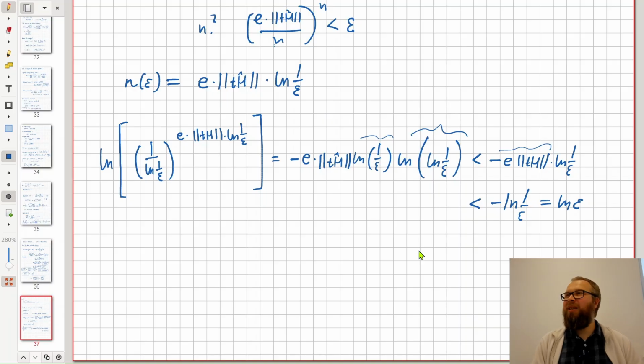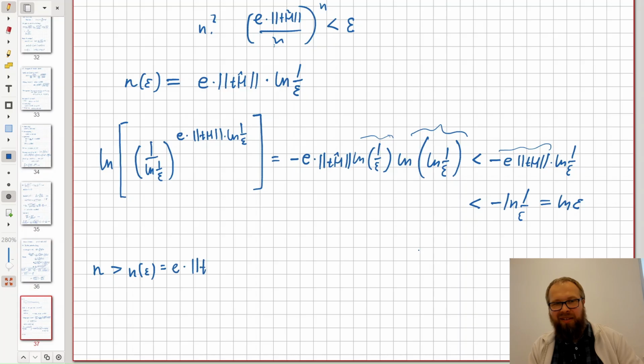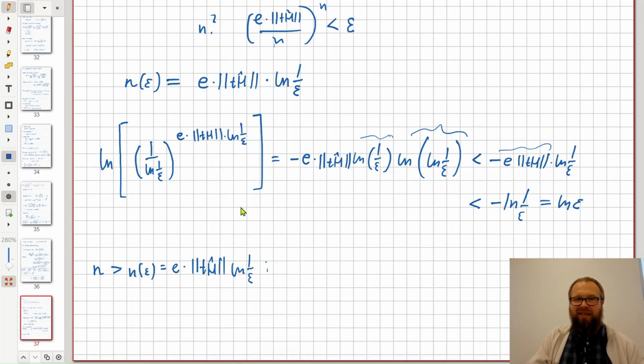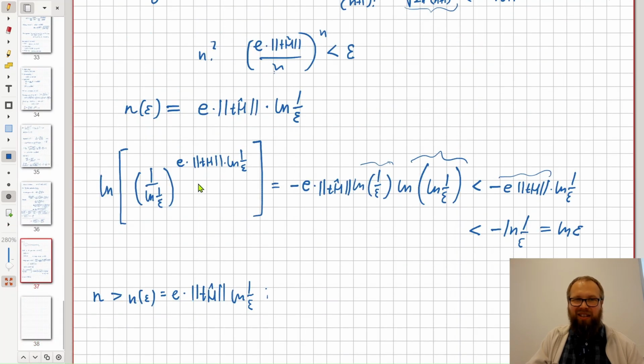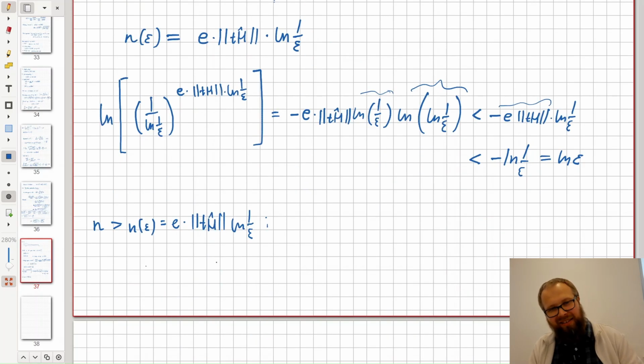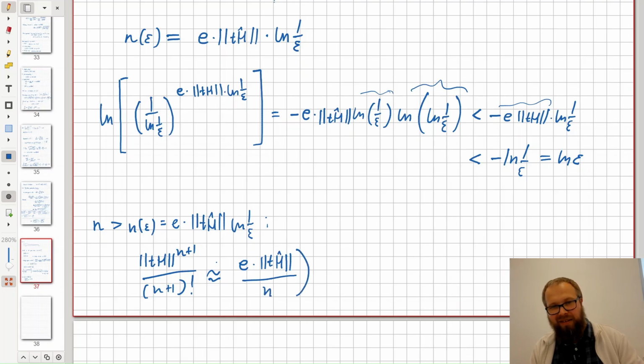Now what this means is that if I set n greater than this n epsilon equal to e times th logarithm 1 over epsilon, then because of this, I can write with some confidence that th to power n plus 1 divided by n plus 1 factorial, which is approximately e to power t times, what I'm writing, to power n, will be smaller than epsilon.